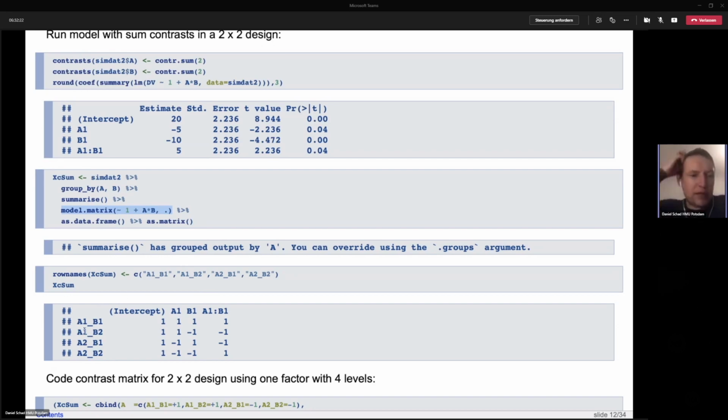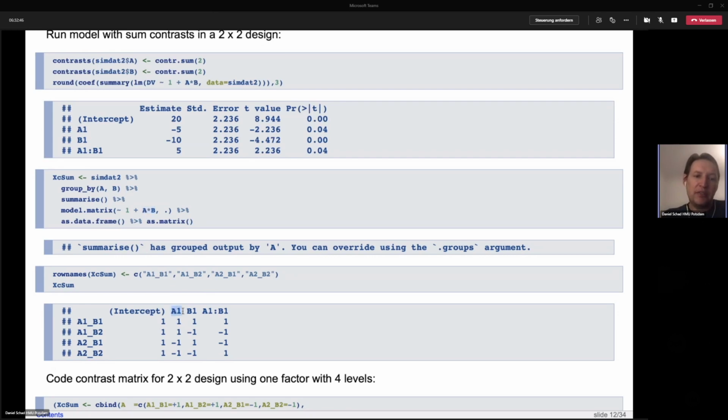But now we're assuming that these are 2 factors and not 1, and we can describe them in one matrix. If we look at the model matrix from this, we said that A times B gives us the main effects and the interaction, so we can look at what the contrasts look like when we use sum contrasts.